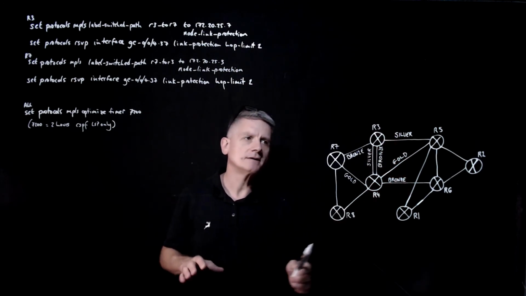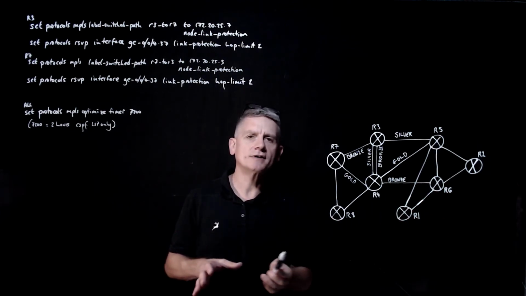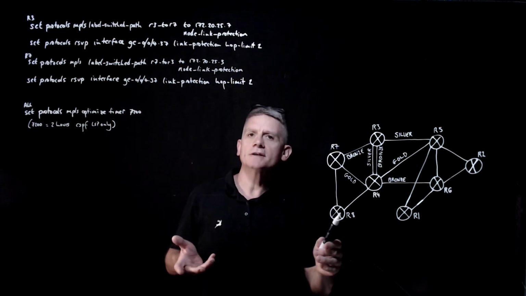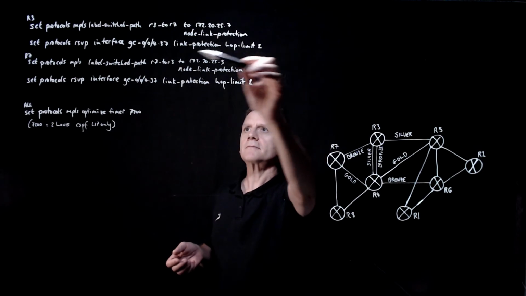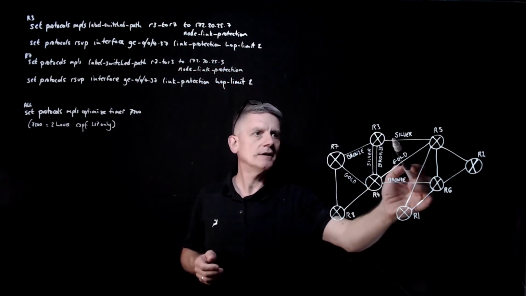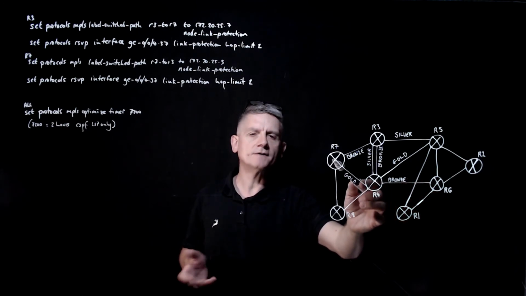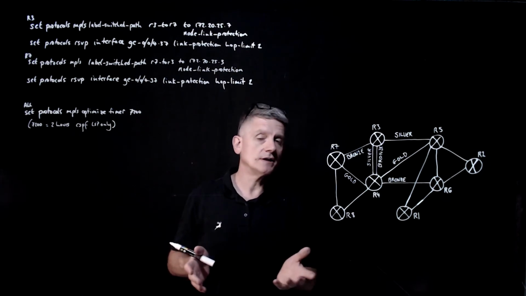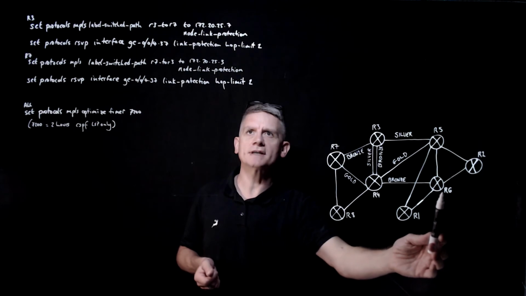Now we've been asked to make sure that router 5 and router 6 are not used as transit nodes. And the way that we're going to do this is we're going to restrict the hop count on the link protection. And you might think that it would be one hop through router 5, one hop through router 4 to get to router 7, which would basically break the rule of router 5 being a transit node.